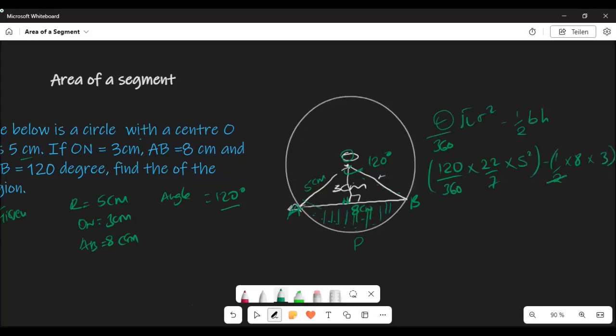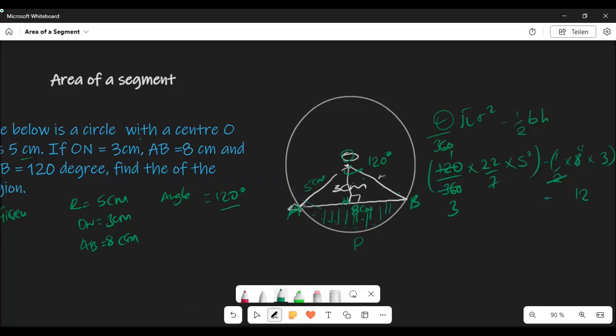This part alone, half times 8 times 3, gives 12. Here, 120 goes into 360 three times. Then we have 25.